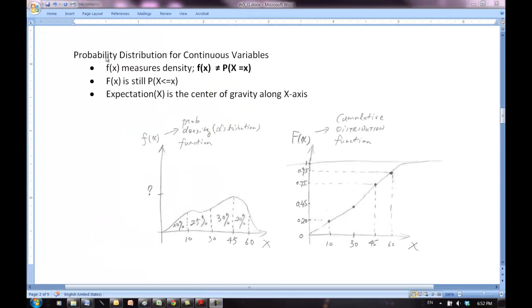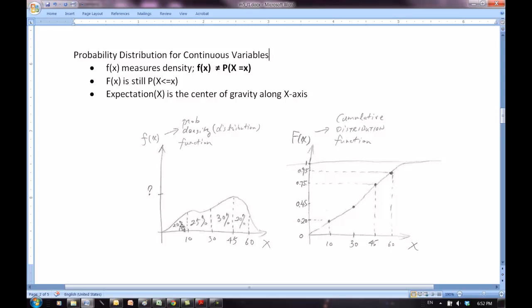We'll now look at how to use the density function to describe probability for a continuous variable. So let's say we find a density function to describe x5, which is the time spent on an ATM transaction.